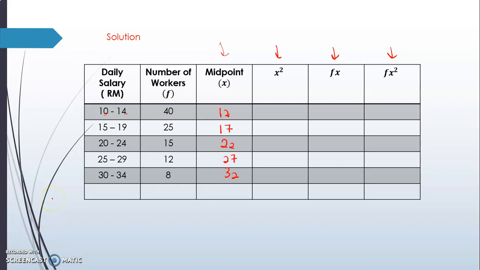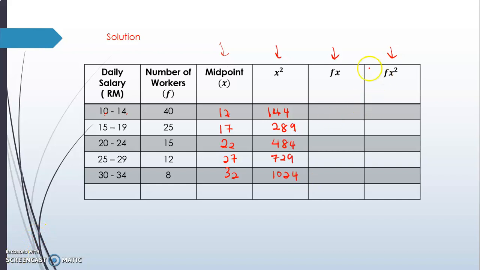You will get all of these x values. And then for x square, you need to square the value of x. So 12 square, and then 17 square, and then 22 square, and so on. So this one is 144. Next is 289, and so on.